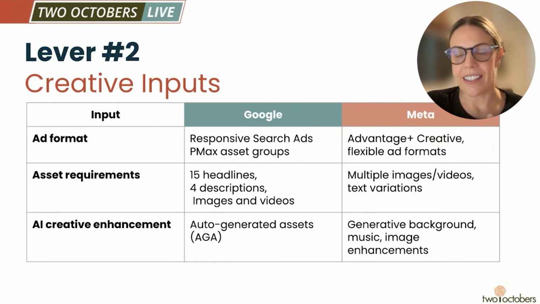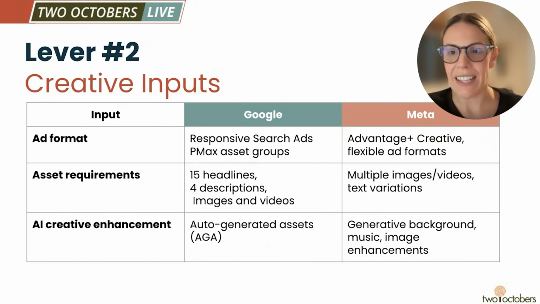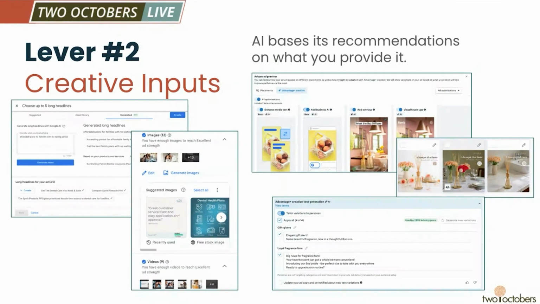So whether it's backgrounds to these images, music, or enhancements that are made, you can choose these as you build your campaigns. And sometimes you can get into a situation where the platform will build them for you. So it's important to know that while these types of creative inputs are great to have, you can have the control by toggling any generative AI on or off within your ads.